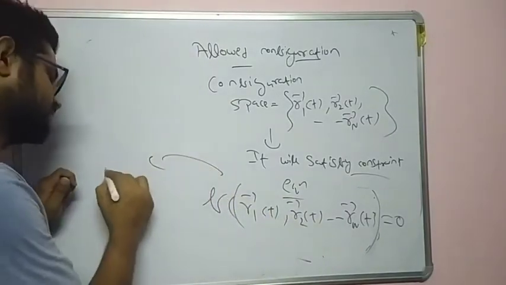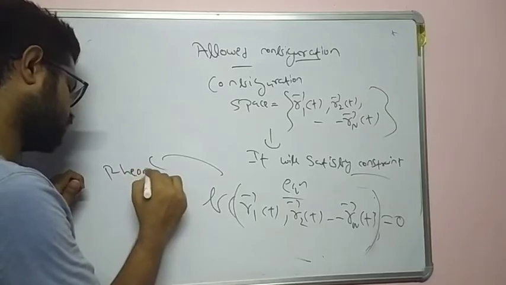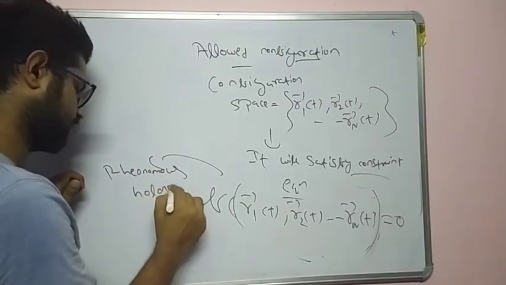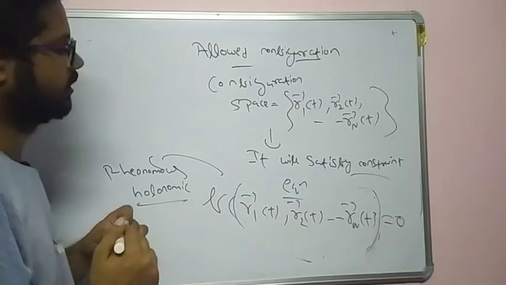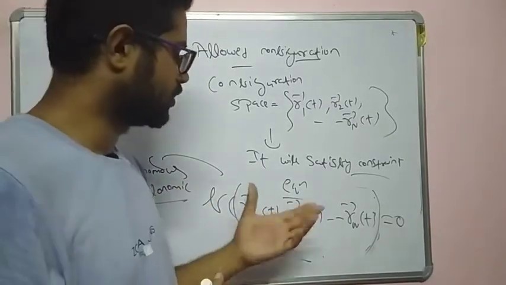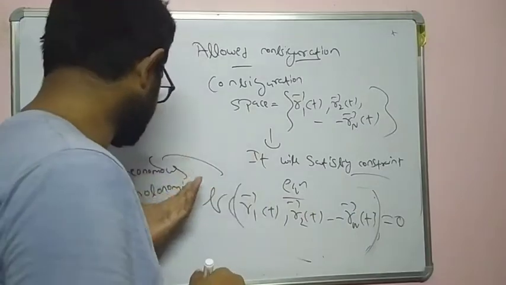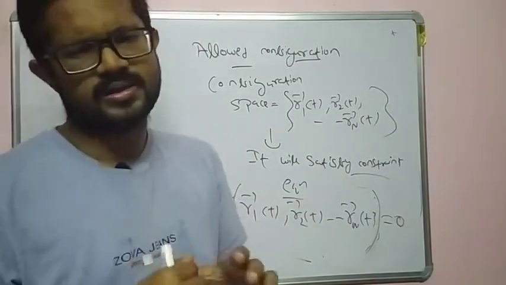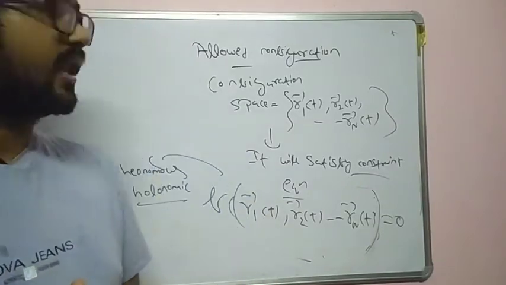This rheonomous holonomic constraint is what is called allowed configuration.